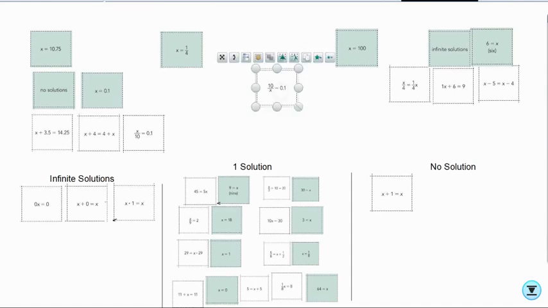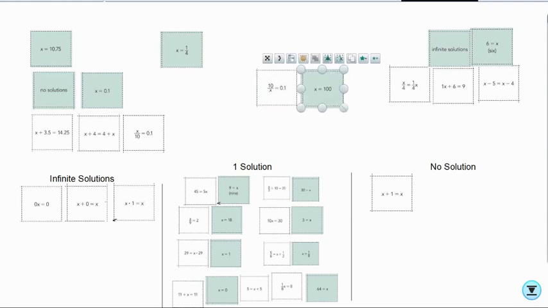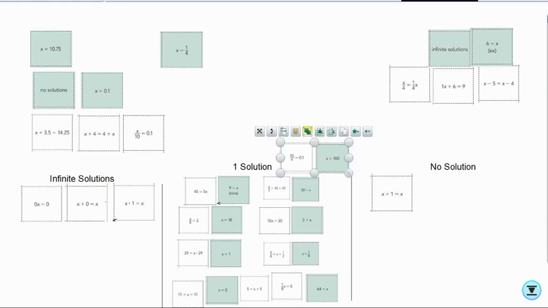The next one, 10 over some number is equal to 1/10. Well, that's going to be 100, because 10 over 100 makes 1/10, because 10 goes into 100 10 times. This guy right here is actually infinite, because dividing by 4 is the same as 1/4.